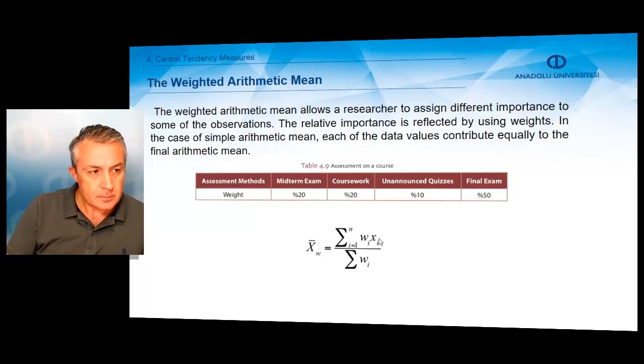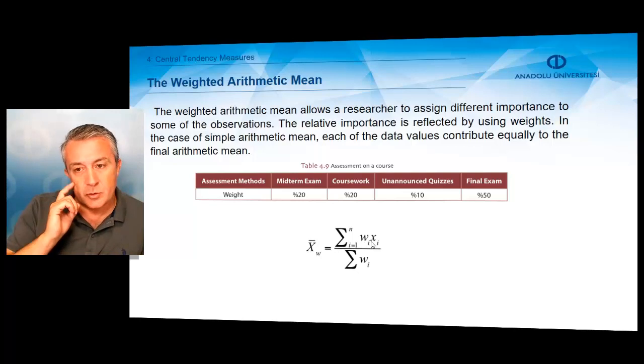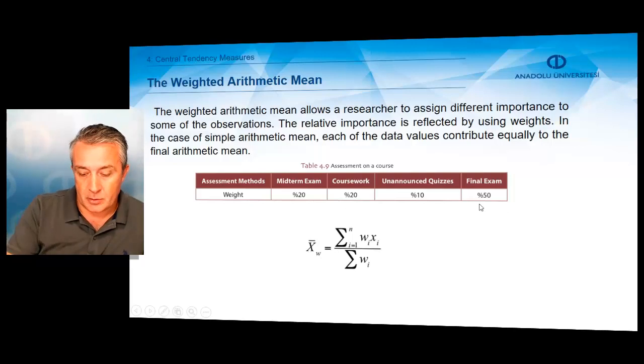But for a frequency distribution, if you can create a weight for each category, then again you can use this formula for a weighted arithmetic mean, and you will just add up the fi here, and you will calculate the result you are looking for. So the weighted arithmetic mean is useful when you can assign different importances to different parts of your overall value.